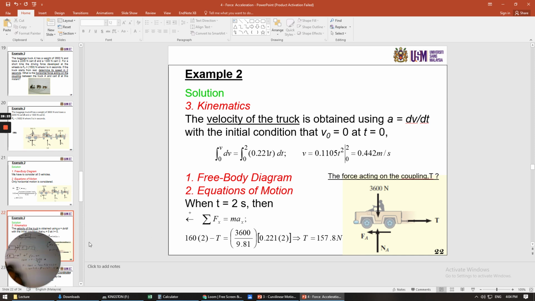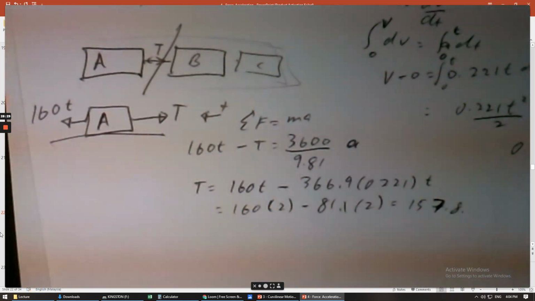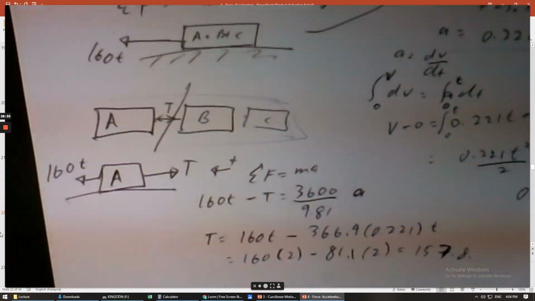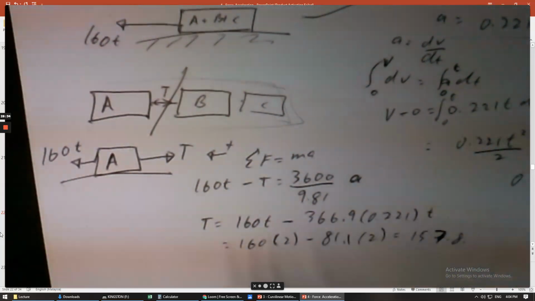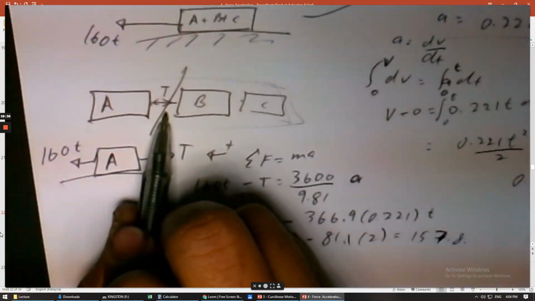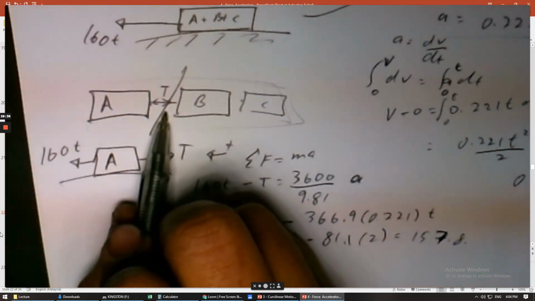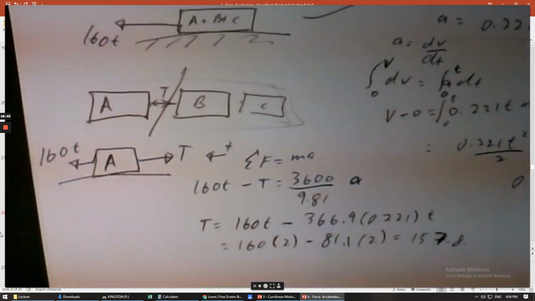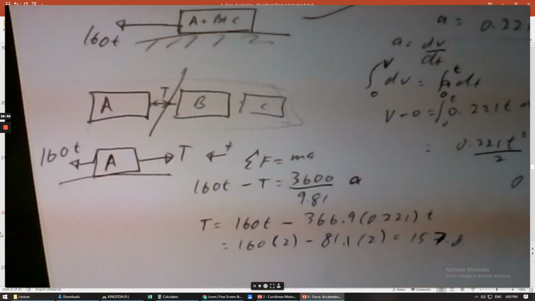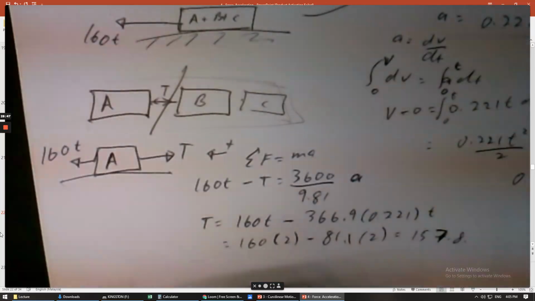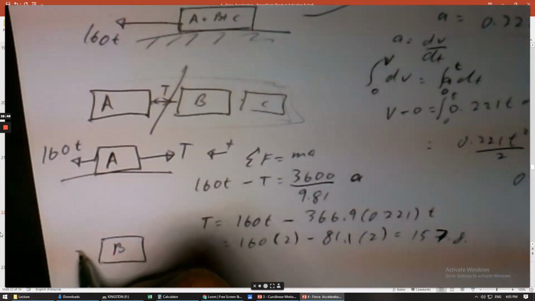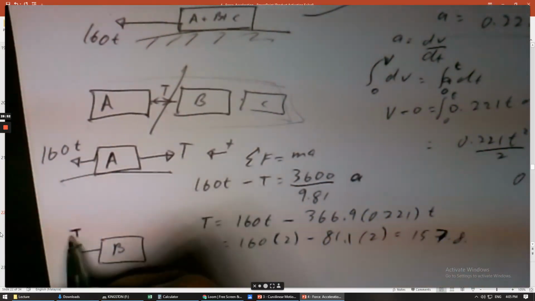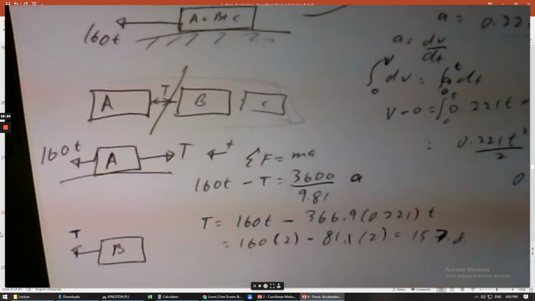All right, so what if we use B as the whole system? Because B also gets pulled by the tension. So for B, we have T as the external force.